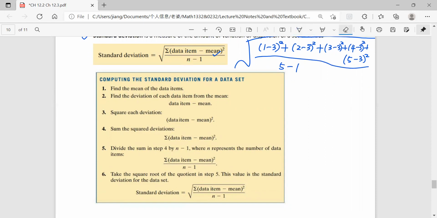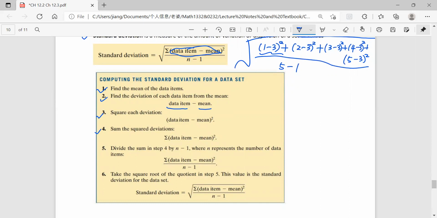So let's see the steps to find the standard deviation. The first step, find the mean of the data. Yes, we need the mean. Second, find the deviation of each data item from the mean. That means we're looking for this part, each data item minus mean. And then third step, square each deviation. So when we find the difference between data item and mean, square them.